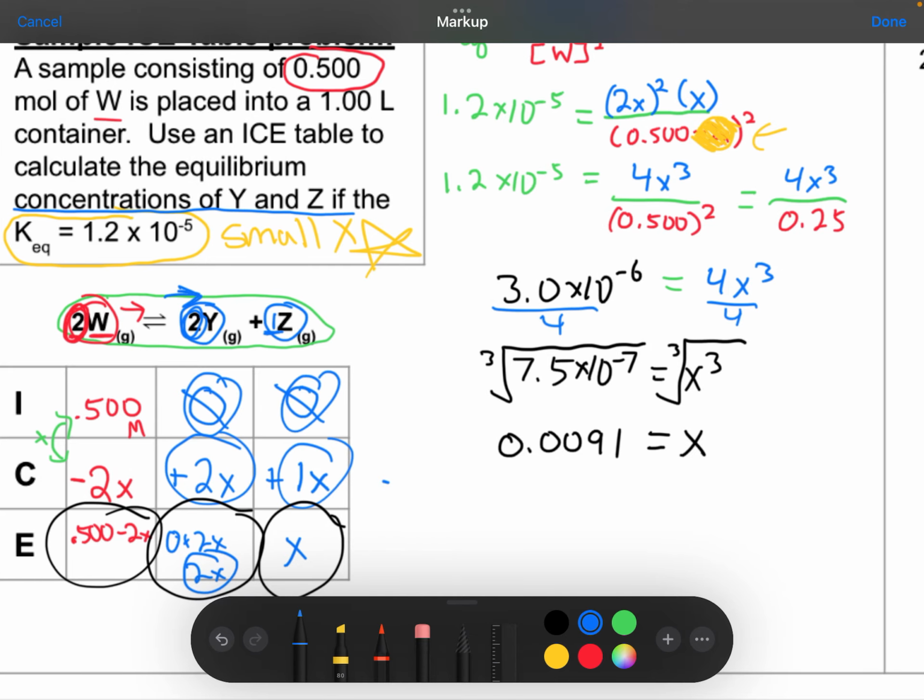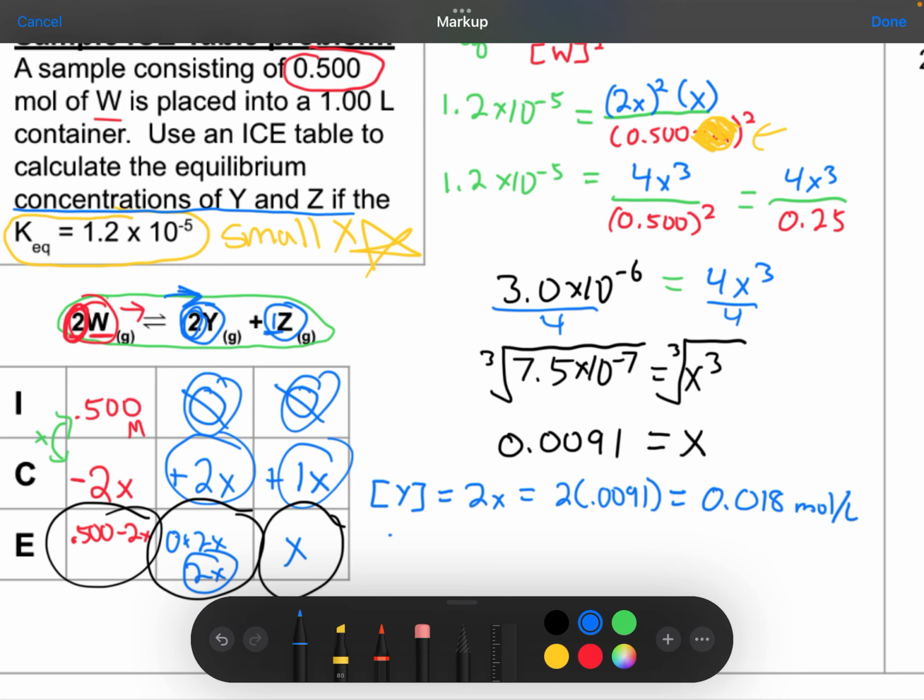We know that at equilibrium, the concentration of y is equal to 2 times x. So we know what x is now. So we can say 2 times 0.0091, and we can solve that out to be 0.018. And since this is a concentration, we're going to say moles per liter.